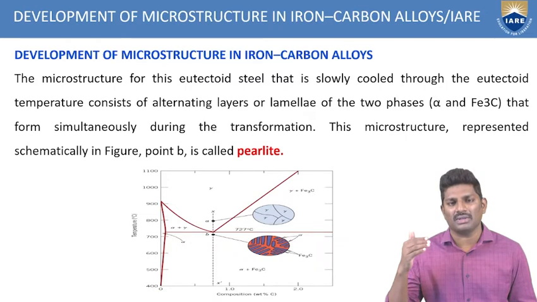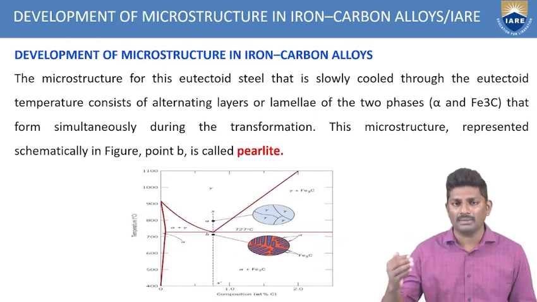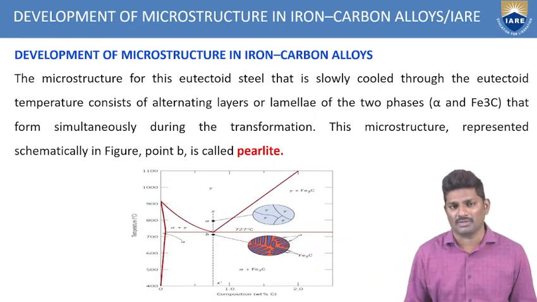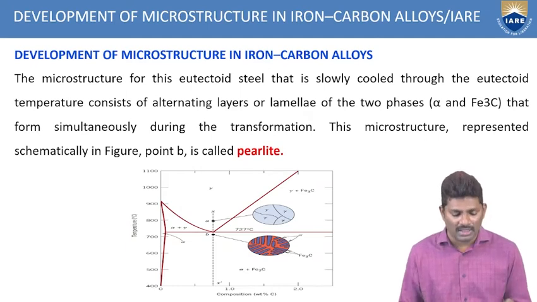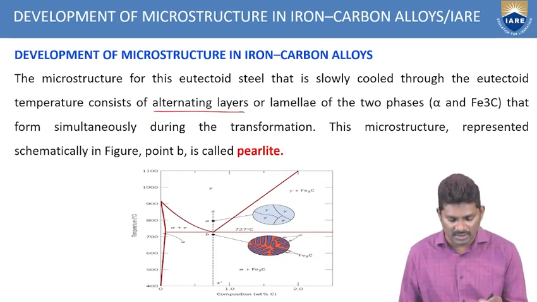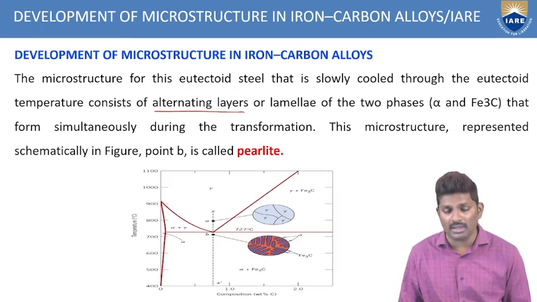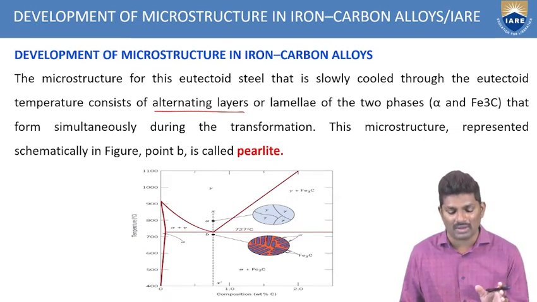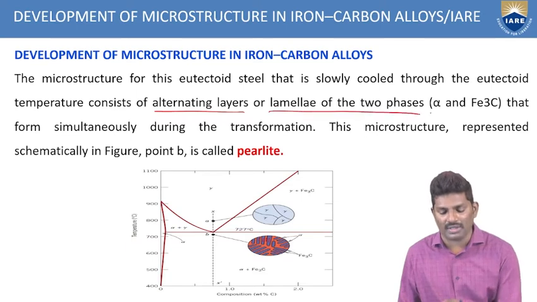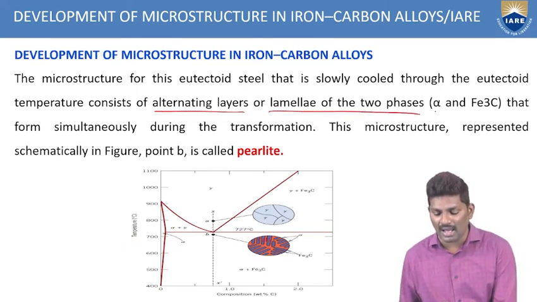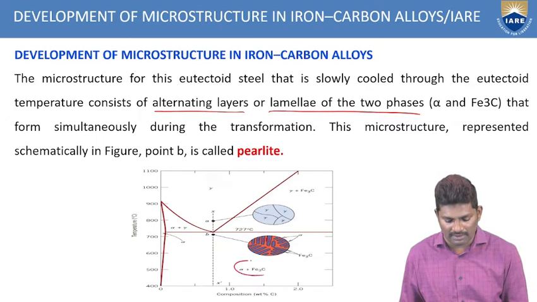After crossing the eutectic temperature, slowly the austenite is being transformed. And if you observe clearly, you have alternate layers. This blue and orange refer to the alternate layers, or the lamella, of the two phases. So, what are the two phases you have here? Alpha and Fe3C.